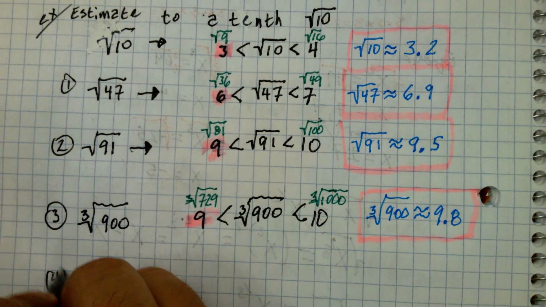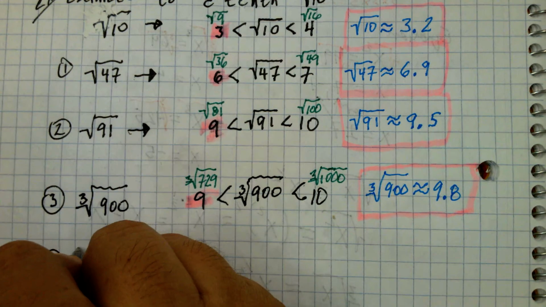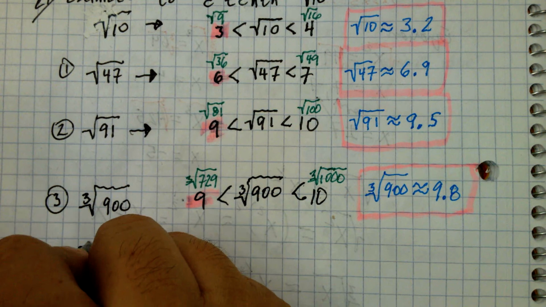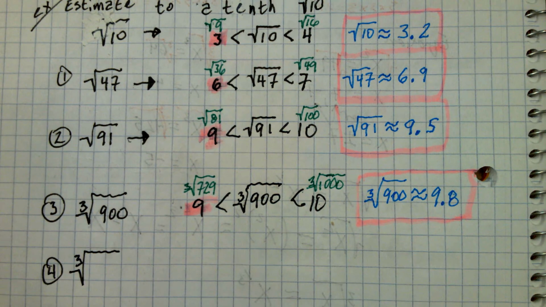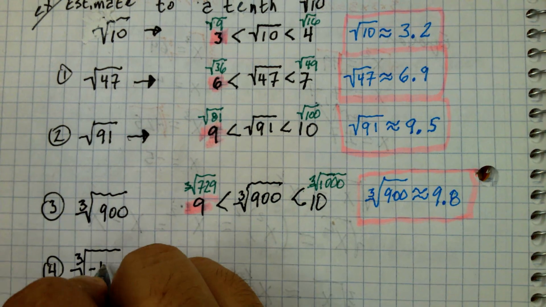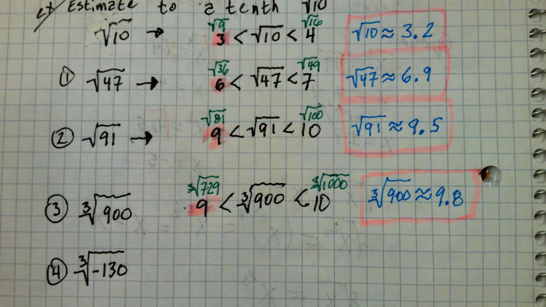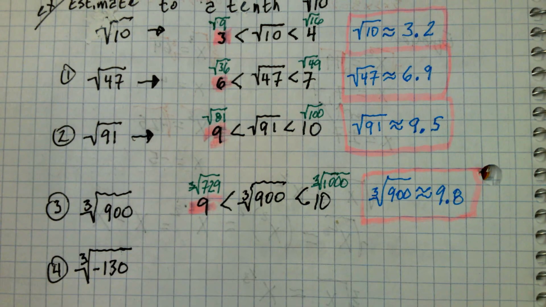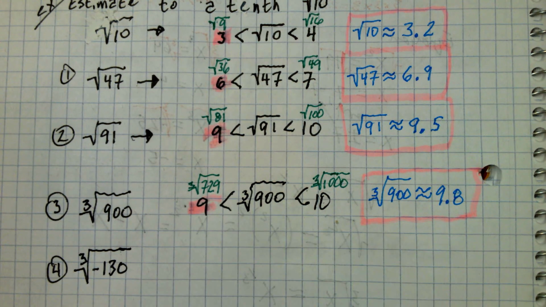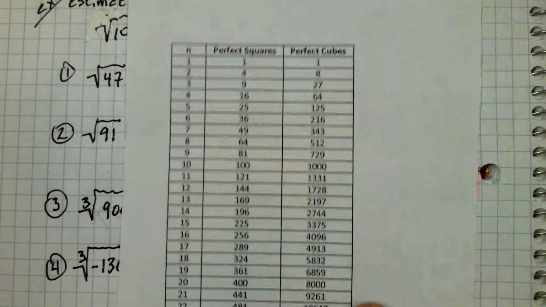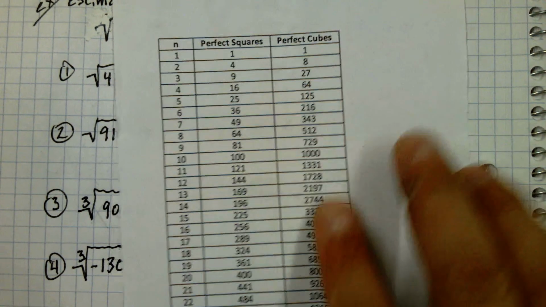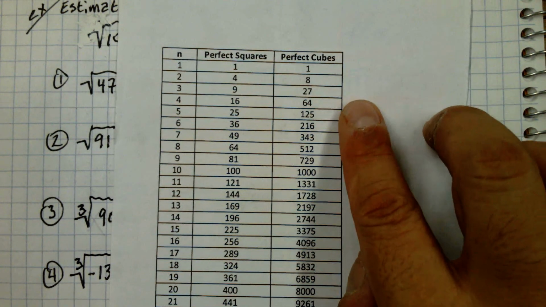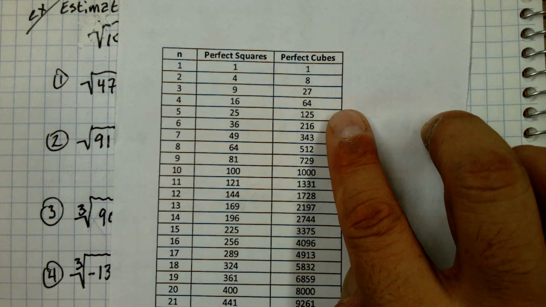Number 4. The cube root of negative 130. Remember, we can have negative cube roots. Okay, so let's go look at our perfect cubes, and we want 130. It's between 125 and 216.